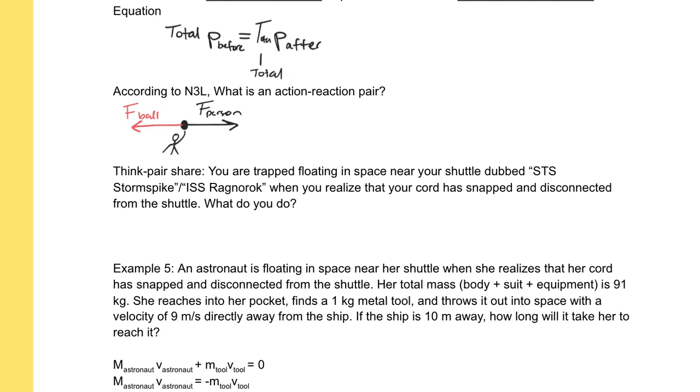What do you do? And just a hint, me and Mr. Chaudhry took like 5 minutes trying to think of a shuttle name. We went on the internet, and the internet gave us a bunch of names, and we settled on STS Storm Spike and ISS Ragnarok. It was pretty cool. So take about 3 minutes to do that.